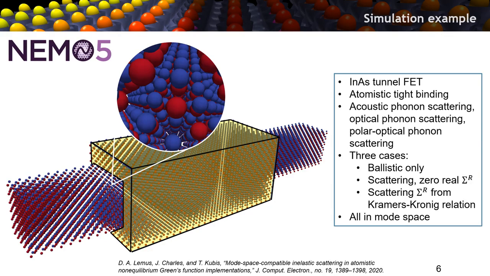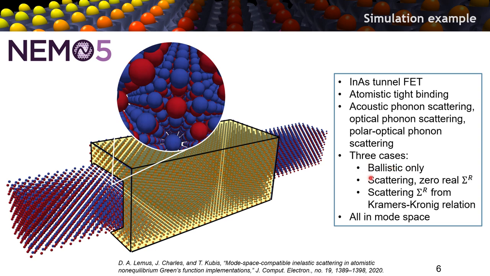So to demonstrate this, we simulate an example of an indium arsenide tunnel FET or TFET, and it is solved in atomistic tight binding, including 3 types of scattering. We solve a current voltage curve for 3 cases. First is without any scattering, just ballistic.